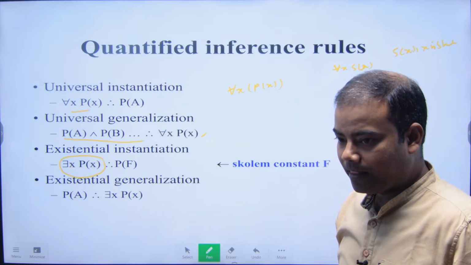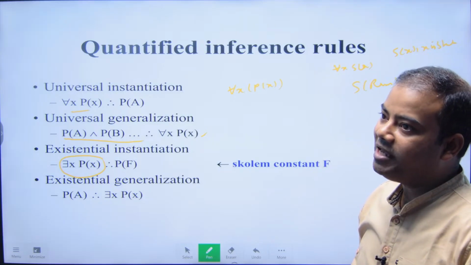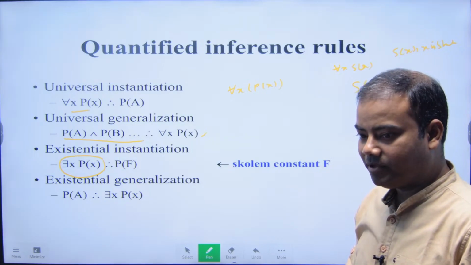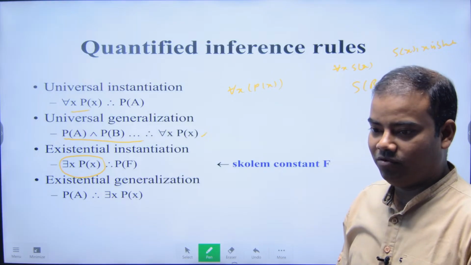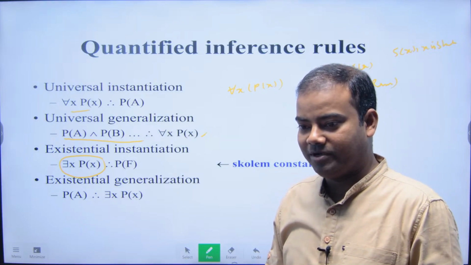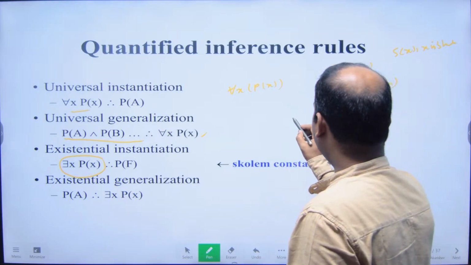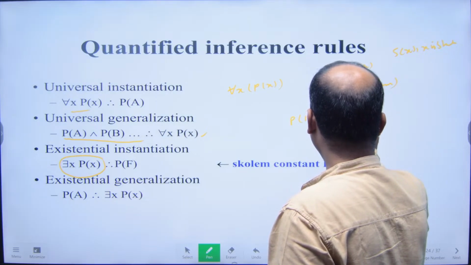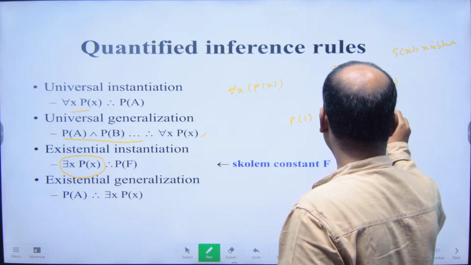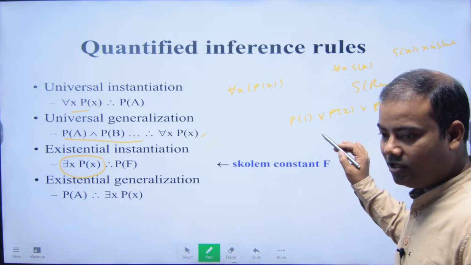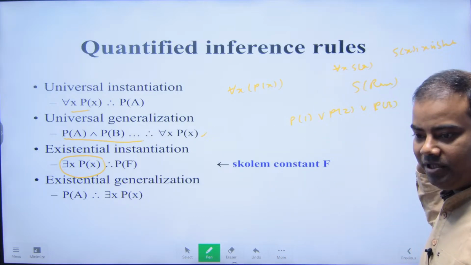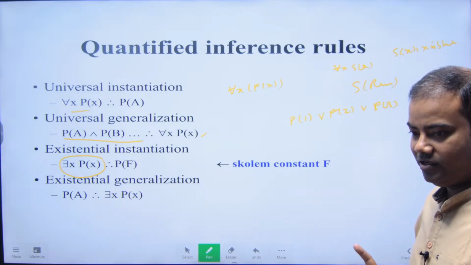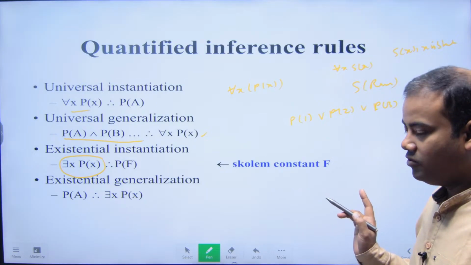Not only one person, but at least one, because it is P1 or P2 or P3, something like this. It may be 1, maybe 2, maybe 3, maybe all, but at least one. Here it is an OR.